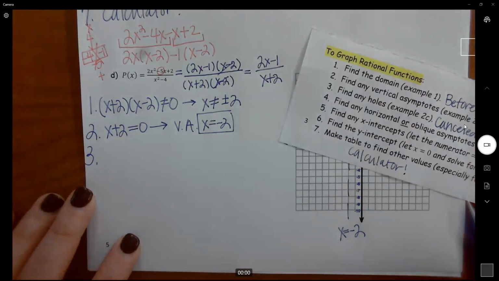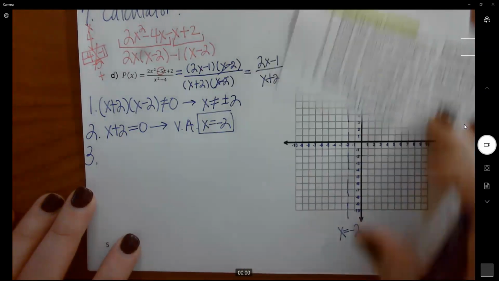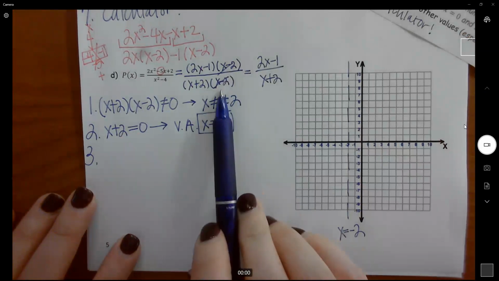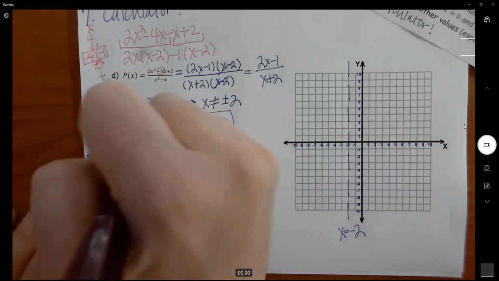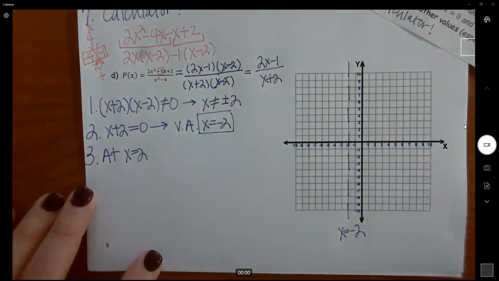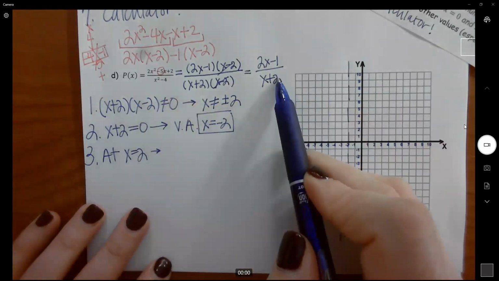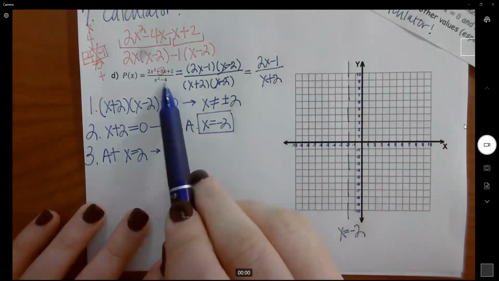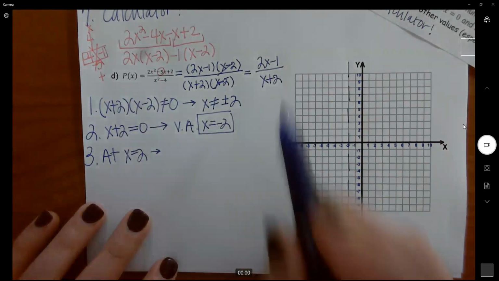Number 3, we need to find our holes. And we find our holes by figuring out what has canceled. Well, over here, we had an x minus 2 cancel, which means I'm going to have a hole at x equals 2. Now, I can find out where my hole is, what the ordered pair is, by plugging that in to my simplified version. If I plug that into my unsimplified version, it's going to get 0 in the bottom. That doesn't help me. So I have to use this one.